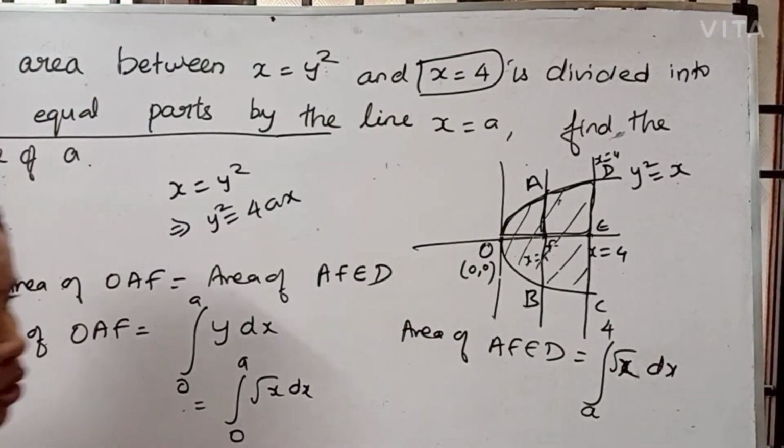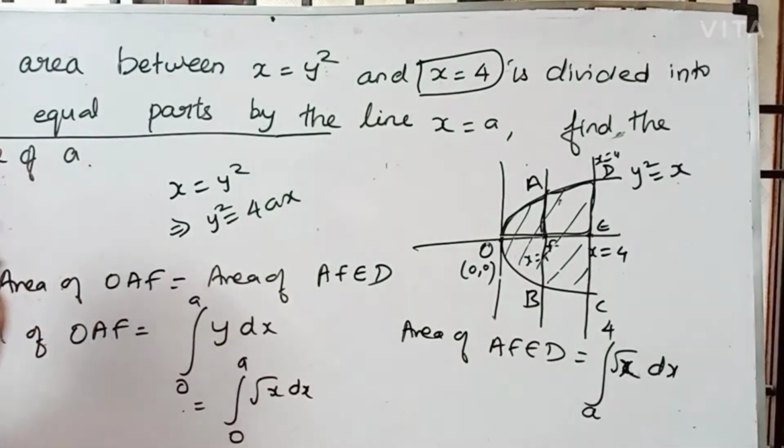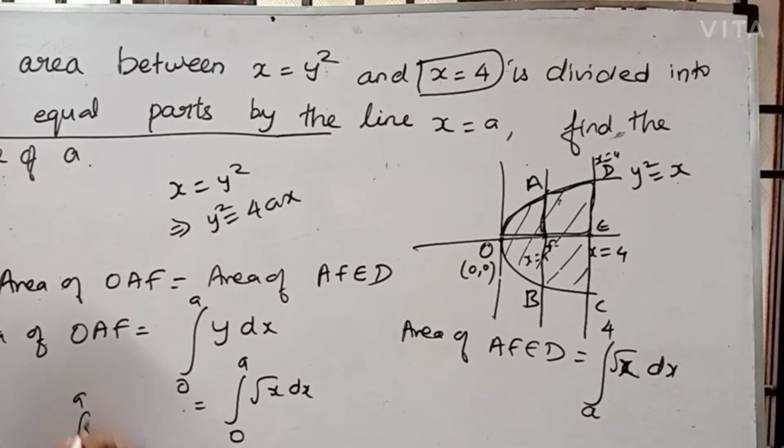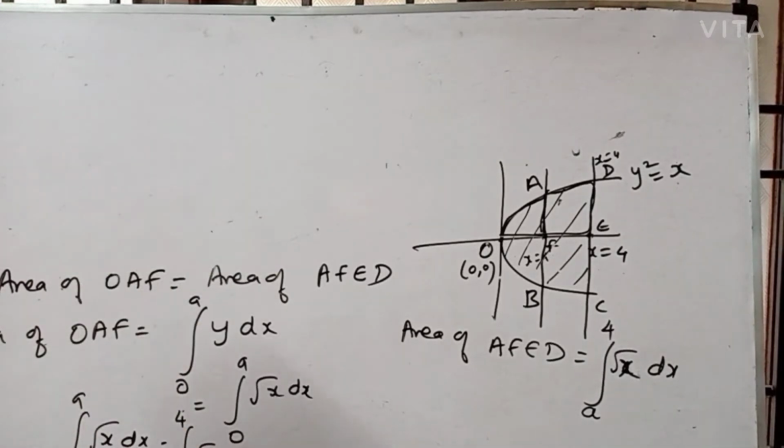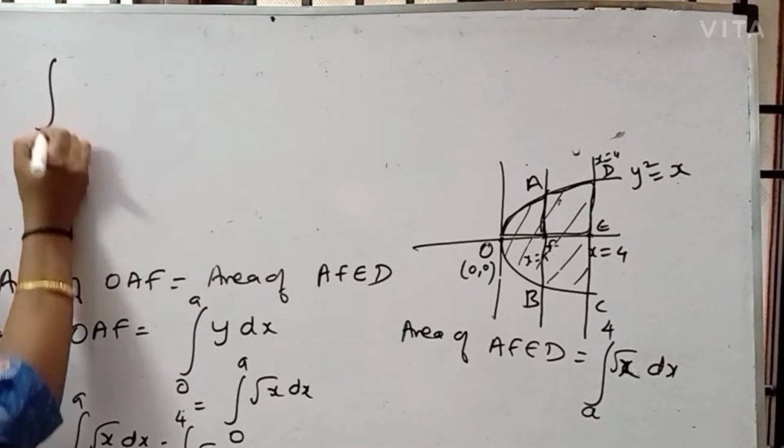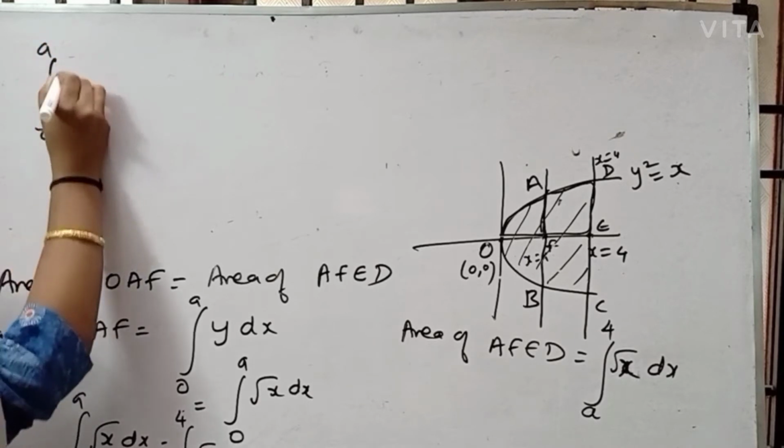Both areas are equal, so I can equate them directly. Since both areas are equal, the integral from 0 to a of root x dx is equal to the integral from a to 4 of root x dx.